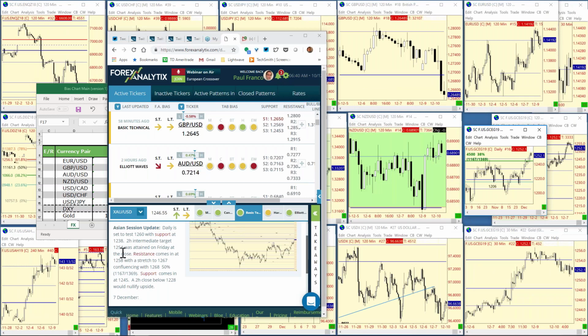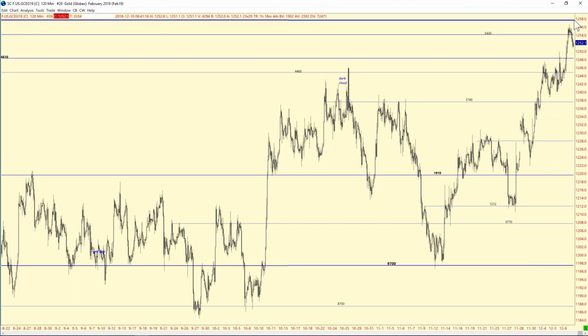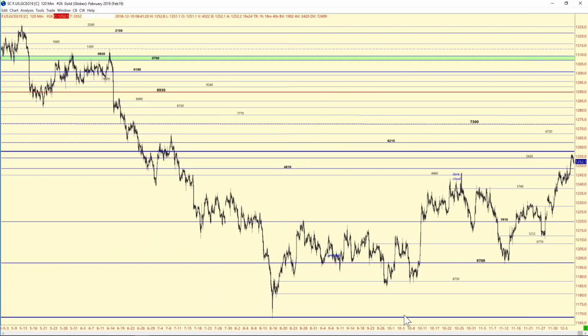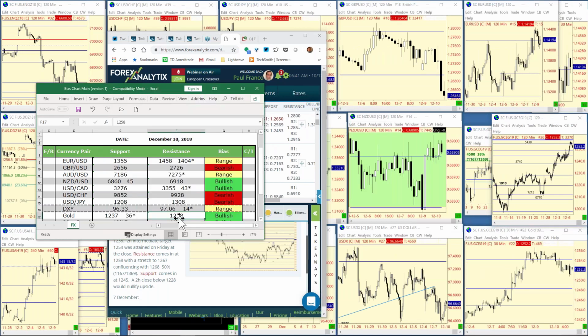So on the short-term basis, we got to 1254, so we'll keep the 1258 for now. When we look at the 2-hour chart, you can see right here this 58, coming right across. It might even be 58 and change, but we'll call it 1258. Stay with that.